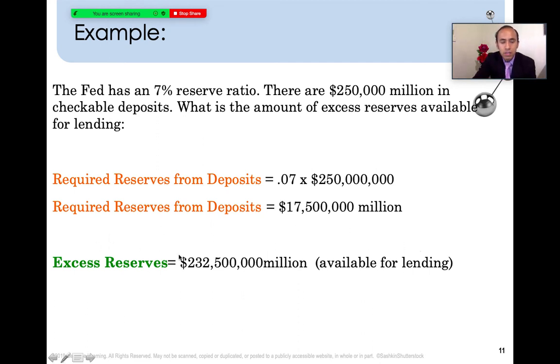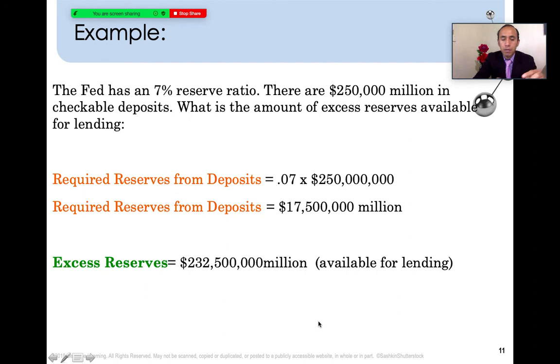The excess reserves, or the remaining reserves in extra, is the difference. Out of those $250 million, assuming there were no reserves previously, it's $232.5 million in reserves that are available for lending.